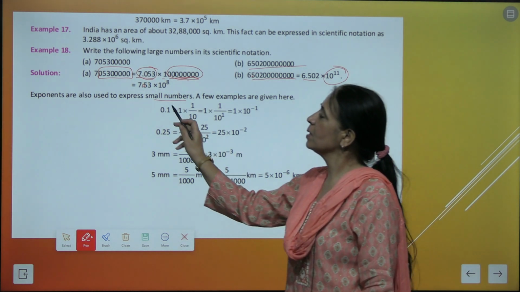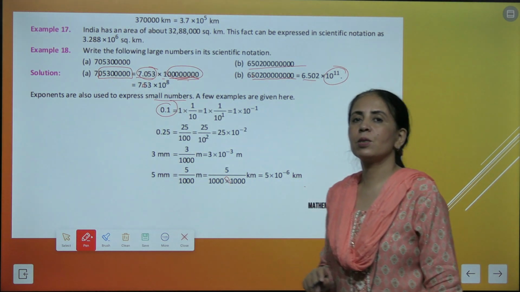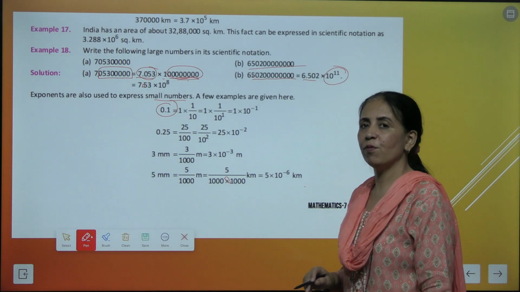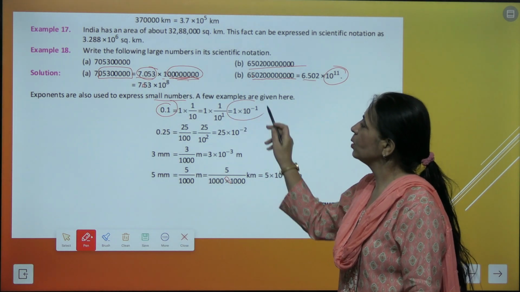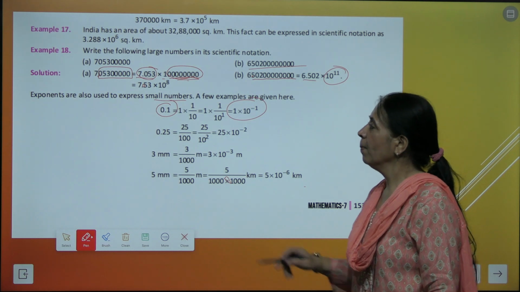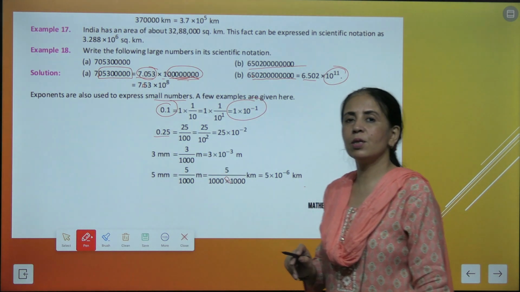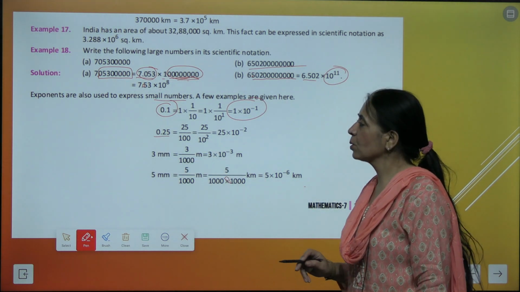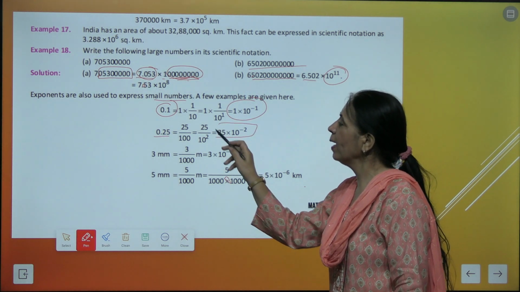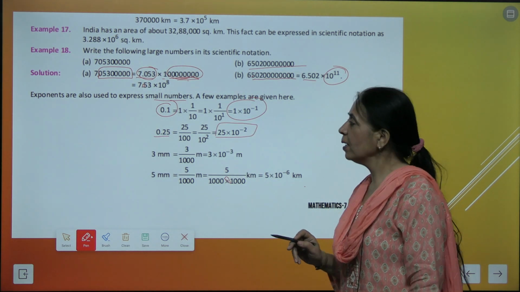Now when you come across small numbers, how to write them in exponent form? अगर हमारा नंबर है 0.1, हम इसको लिखेंगे 1 multiply 1 upon 10 which is equal to 10 raised to the power minus 1. Similarly अगर 0.25 है तो हम इसको लिखेंगे 25 multiply 10 raised to the power minus 2.